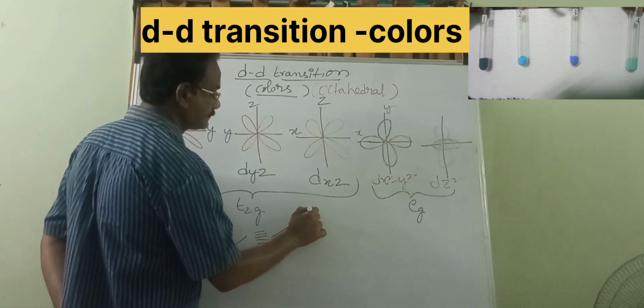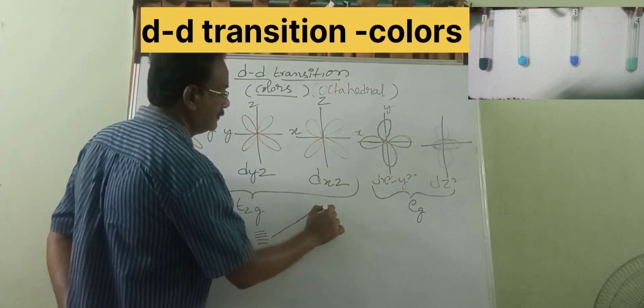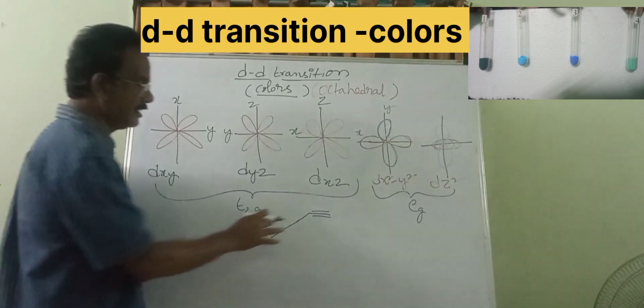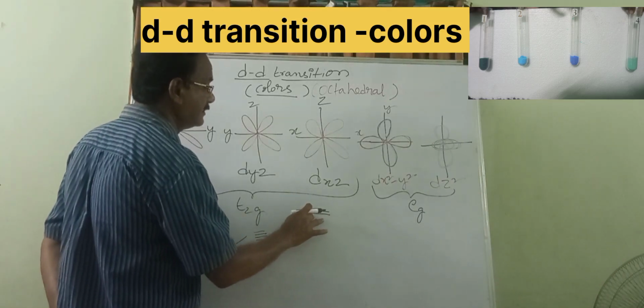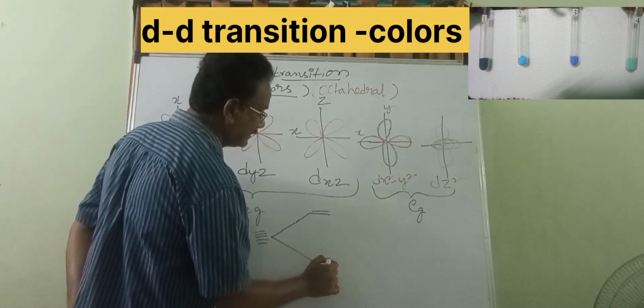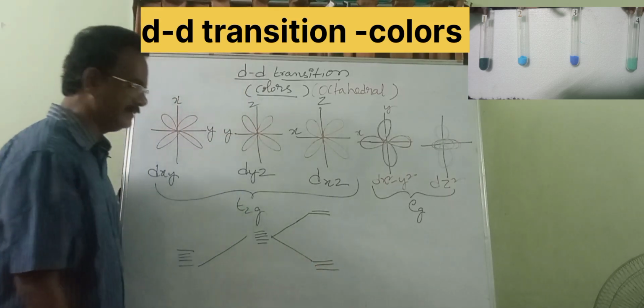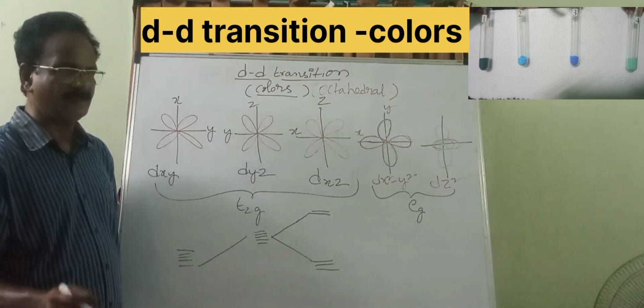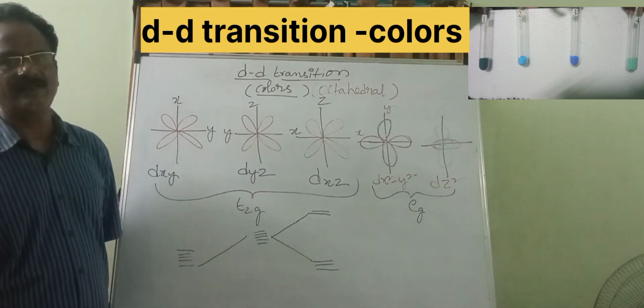Here 2 orbitals will appear at the higher energetic level, and 3 d orbitals will appear at the lower energetic level. This pattern will be observed in case of octahedral complexes.